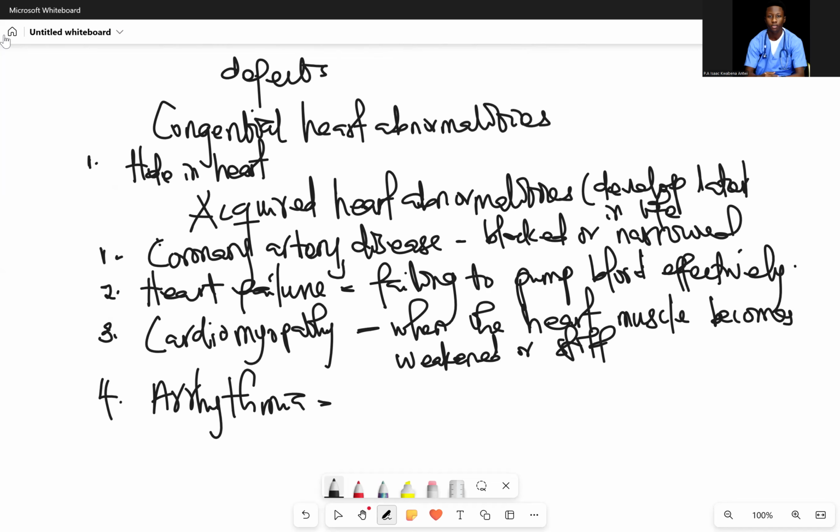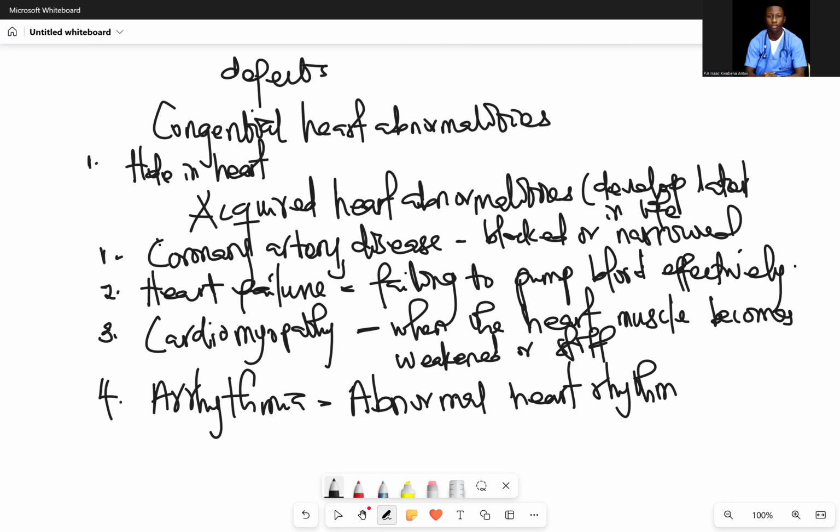And the name of the abnormality is arrhythmia. So it has to do with abnormal heart rhythm. When you go to the hospital, there is an instrument that reads the heart rhythm, right?